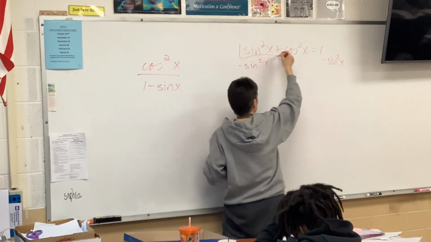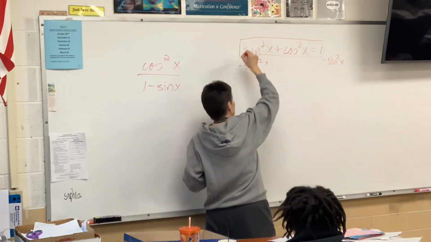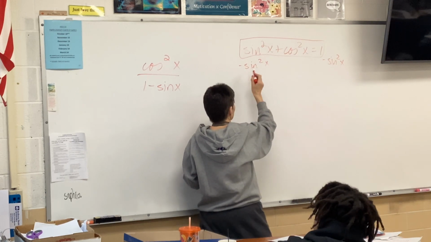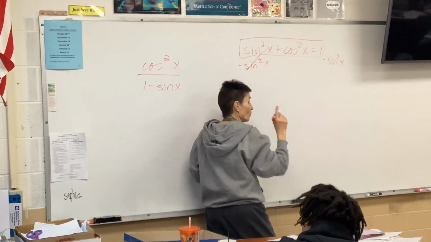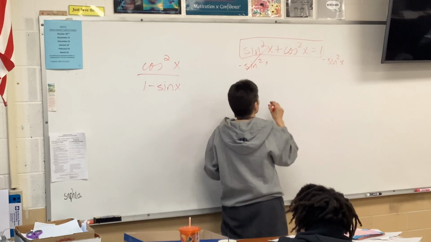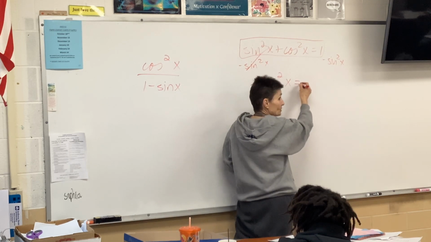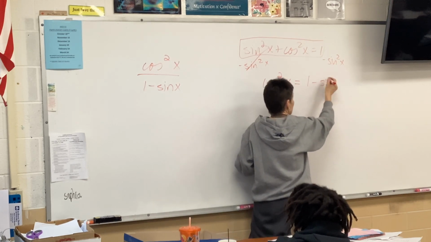This is what's written on the paper. That will always be written on the paper. But if I want to rearrange some things, if I want to subtract that sine squared, what does it say now? Cosine squared equals 1 minus sine squared.